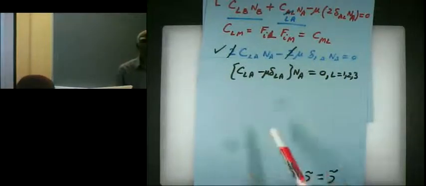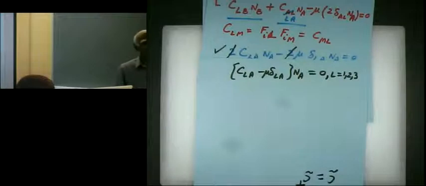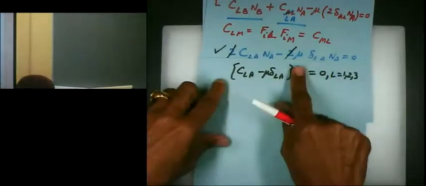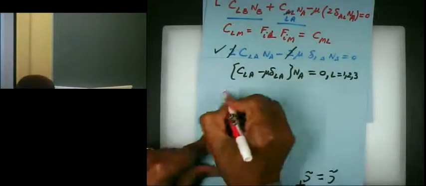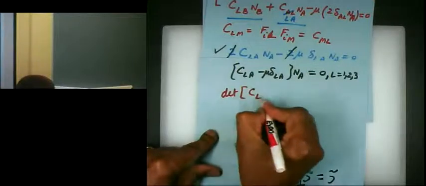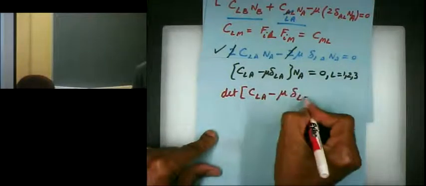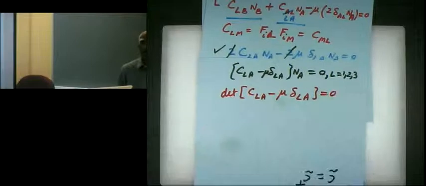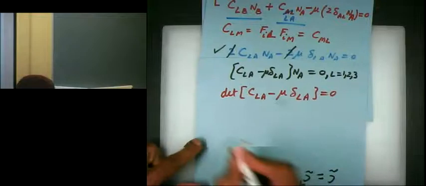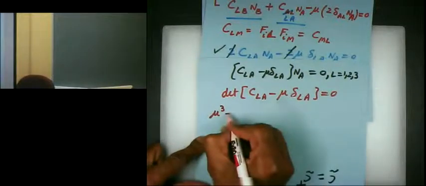In order for these three equations to have a non-trivial solution for N1, N2, and N3, the determinant of this matrix must be 0. So the determinant of C_LA minus mu delta_LA must be 0. And if you expand this, you will get mu cube minus, this is read as 1, even though it looks like an I. It looks like an I, but it's read as 1.